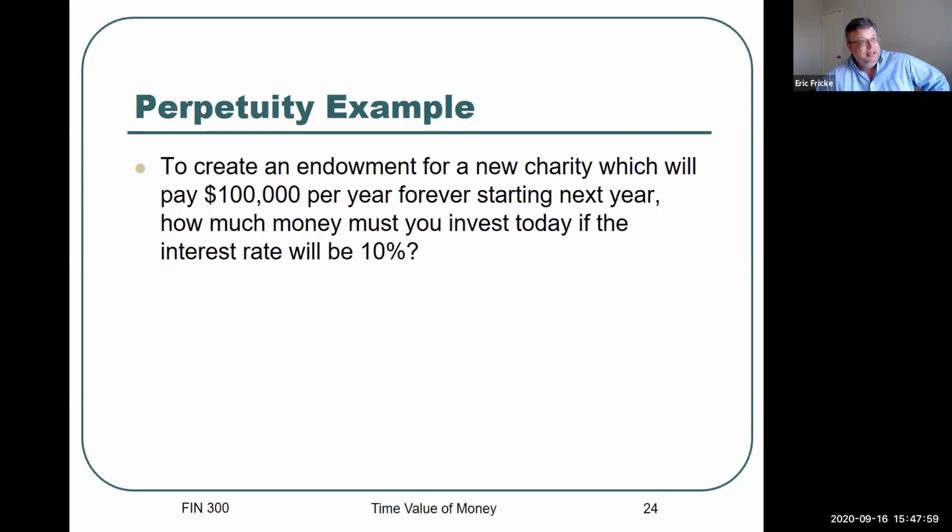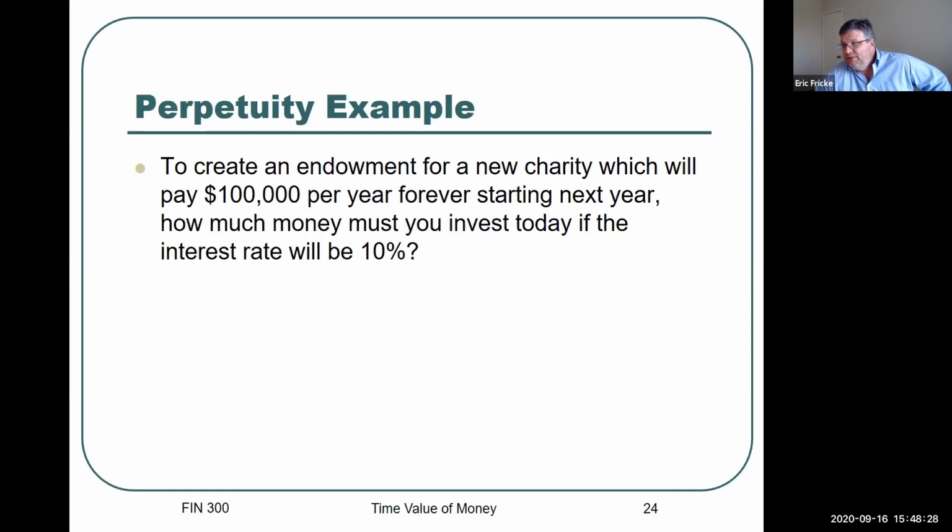Another example, universities, when they set up scholarships for students, very often if an alum or something like that is donating money for a scholarship, they will do the calculations on how much has to be donated to support a certain amount of dollars scholarship per year using this formula.